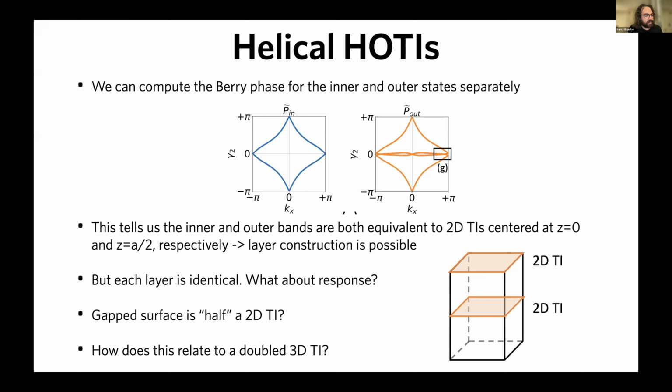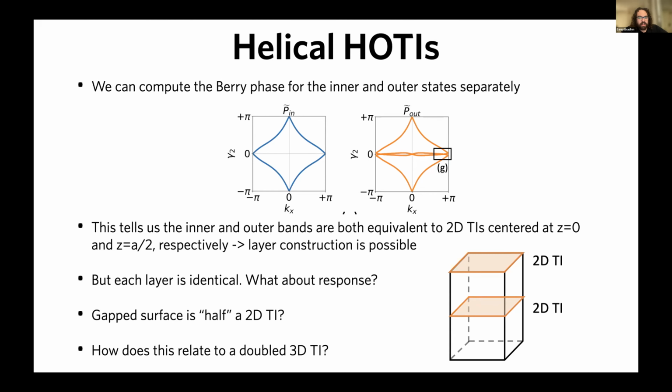So this gives me a layer construction inspired way of thinking about a helical halide. In each unit cell at the z equals 0 inversion symmetric plane, I have a 2D topological insulator. And at the z equals 1/2 inversion symmetric plane, I also have a 2D topological insulator. And I stack these in an inversion symmetric way.